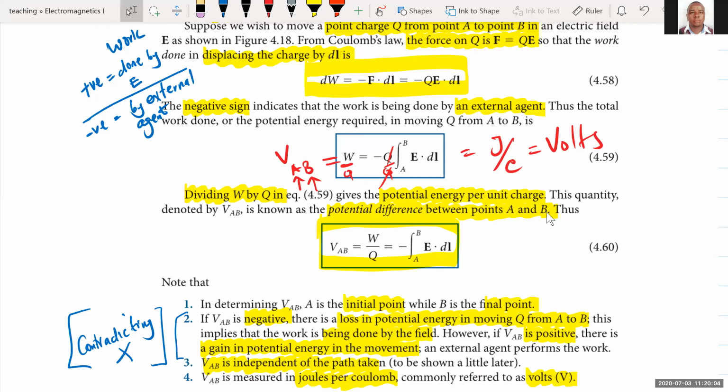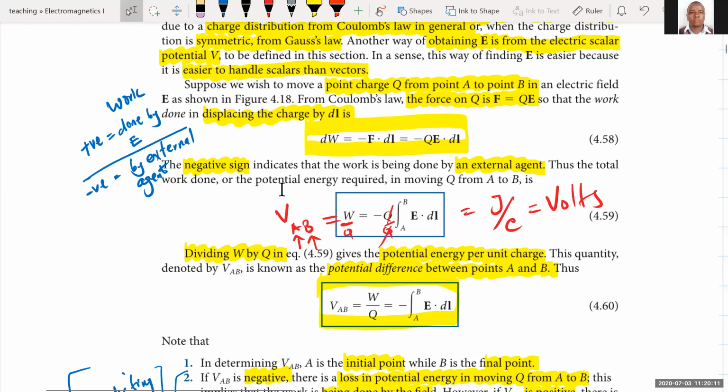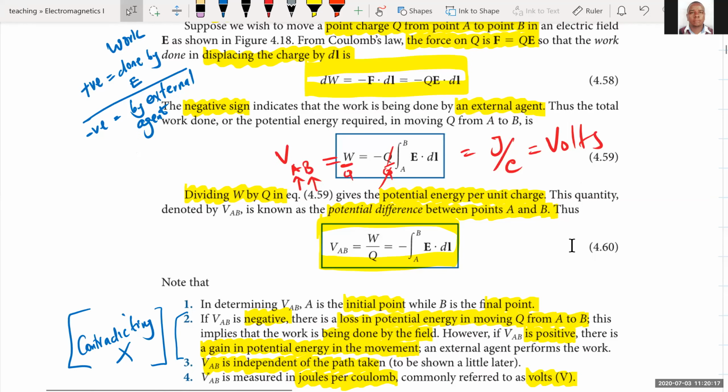So that is now the voltage scalar potential, or electric scalar potential, that simply illustrates the work per unit charge that is performed in moving a unit charge from point A to point B. It is also known as the potential difference between those 2 points, and you can define it as you can see in equation 4.60.